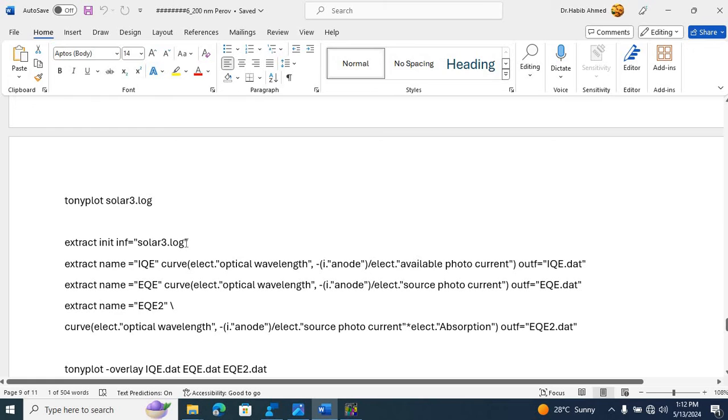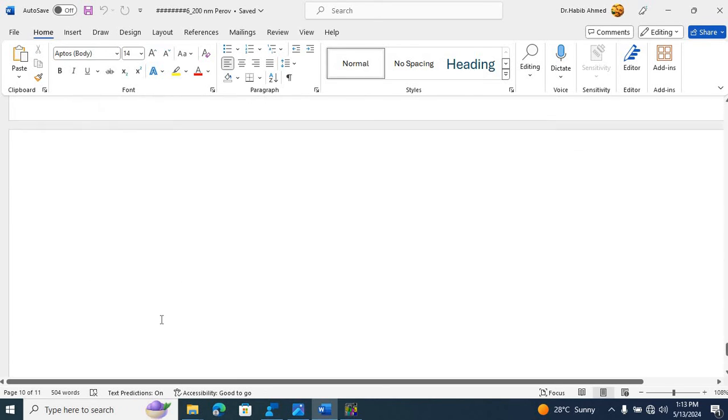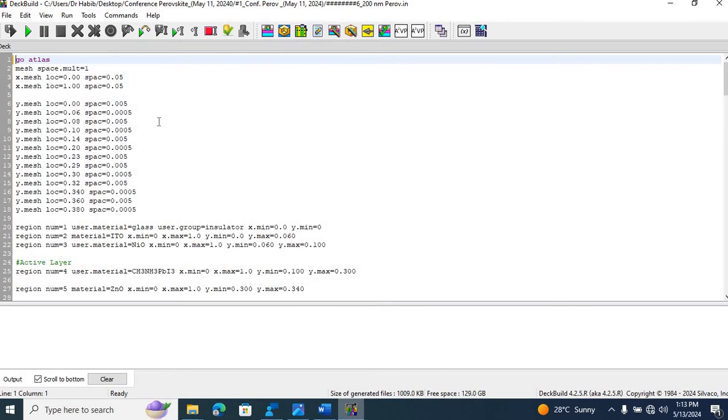Then I initiate this solar3.log, and from here I want to calculate the internal quantum efficiency and the external quantum efficiency at different wavelengths. Finally, I plot the internal and external quantum efficiencies, and finally we quit the program. So now it's time to run the program.